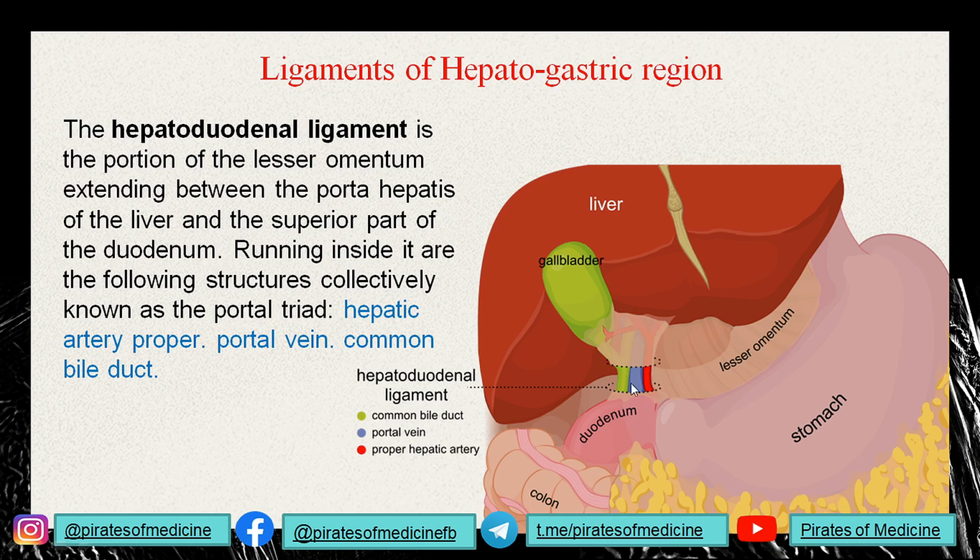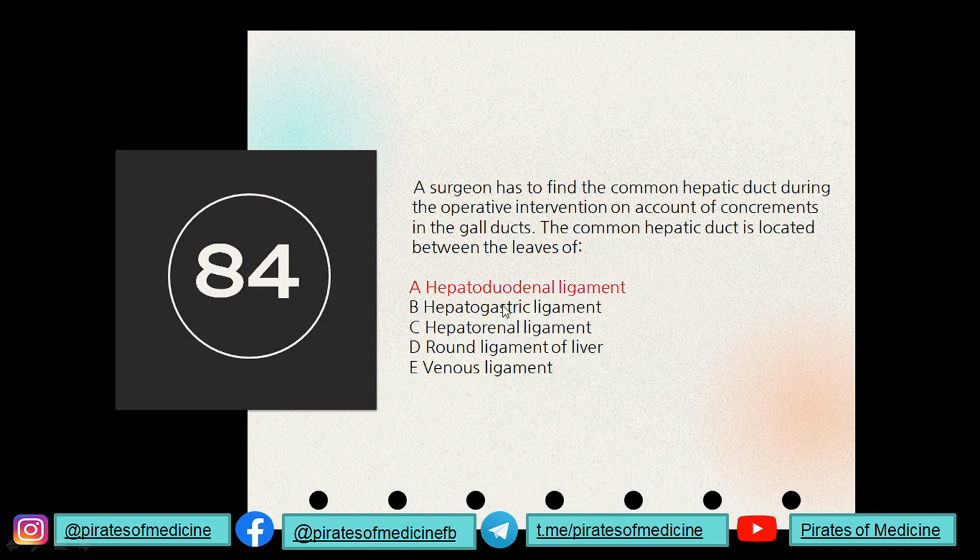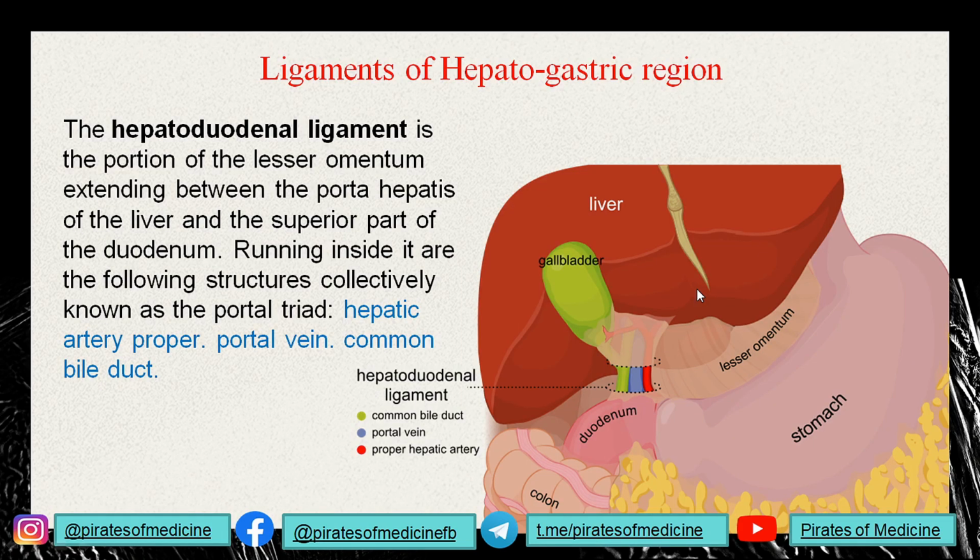You can see over here, this is the hepatoduodenal ligament. And inside it, there are three major structures: the proper hepatic artery, the portal vein, and the common bile duct. So out of all the options, the answer over here is the hepatoduodenal ligament, which contains the common hepatic duct, or the common bile duct.